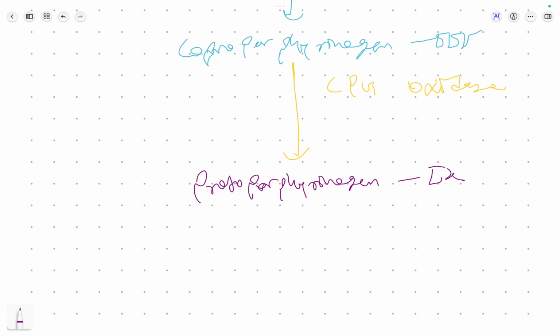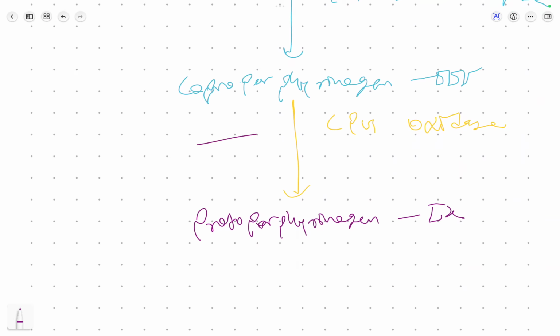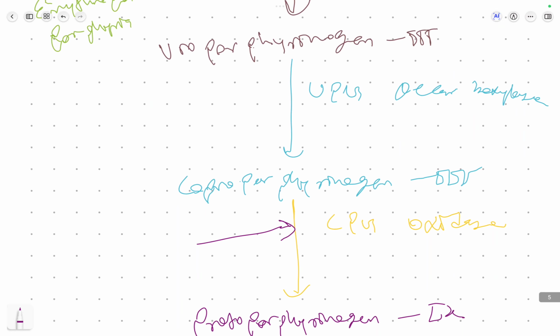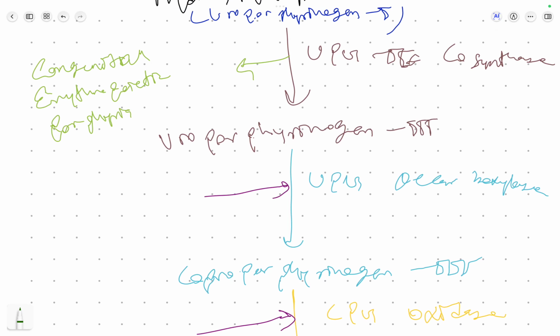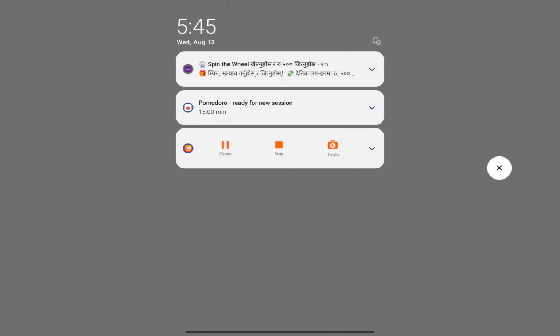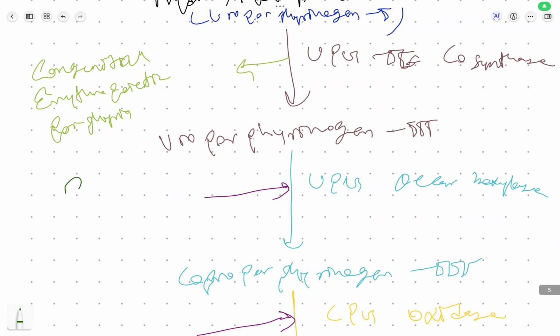So if this CPG oxidase is deficient, then we will suffer from... In this step with UPG decarboxylase, there is also one porphyria, I'm sorry, and it is a very important porphyria, and that is porphyria cutanea tarda, and this is the most common porphyria.